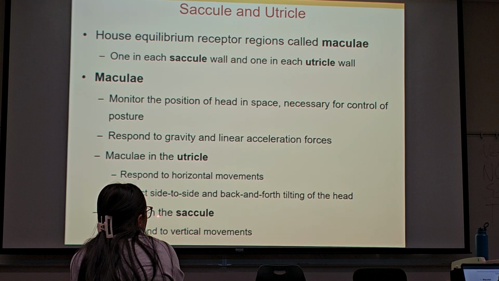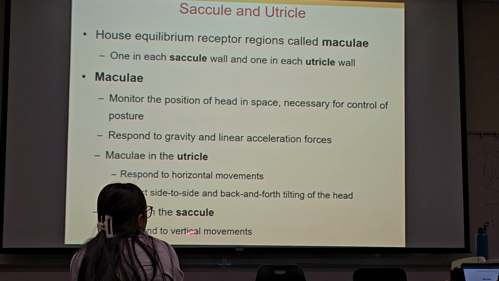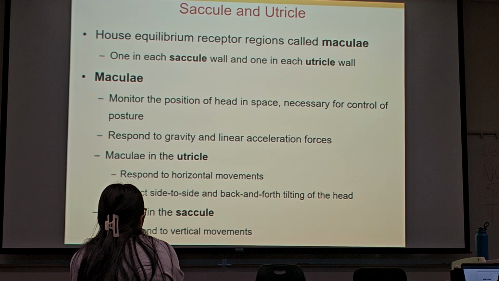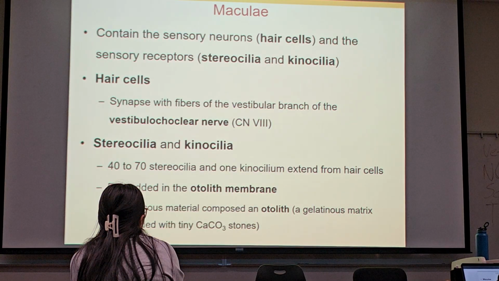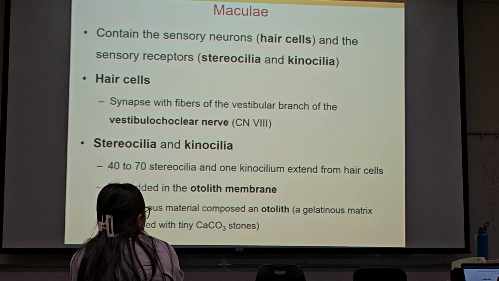The macula in the saccule is detecting vertical movement, up and down. The macula, one in the saccule, one in the utricle. Two sacs inside of the vestibule.